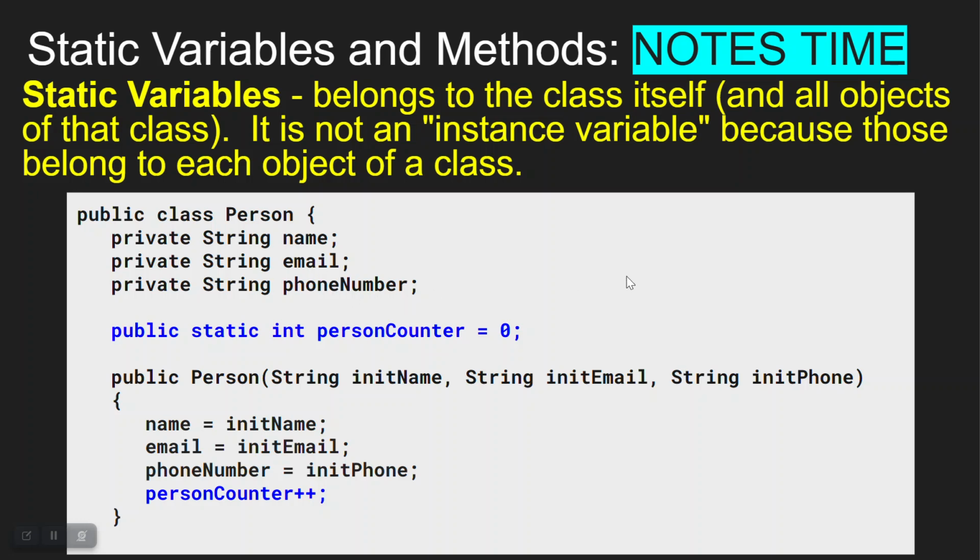When I create a second person object, that one also has its own unique name, email, and phone number. Those are instance variables because every time I create an instance of that class, those variables belong to that particular object. But a static variable is different. A static variable belongs to all instances of the class. It belongs actually to the class itself. So they operate a little bit differently, and we use them to store different information.